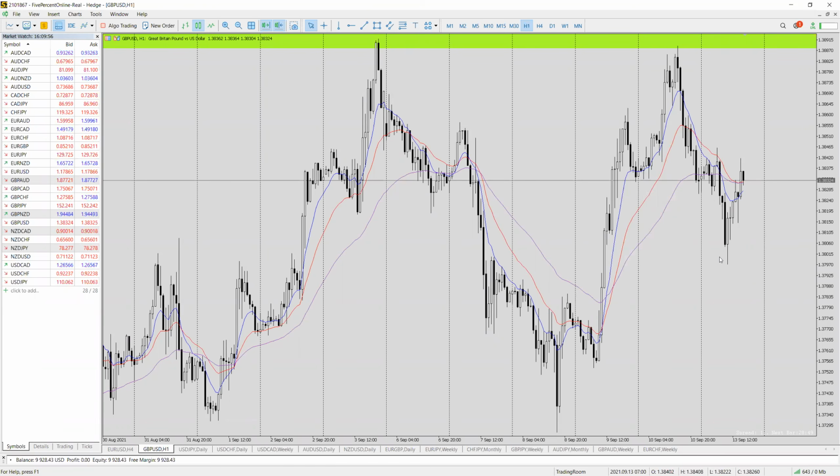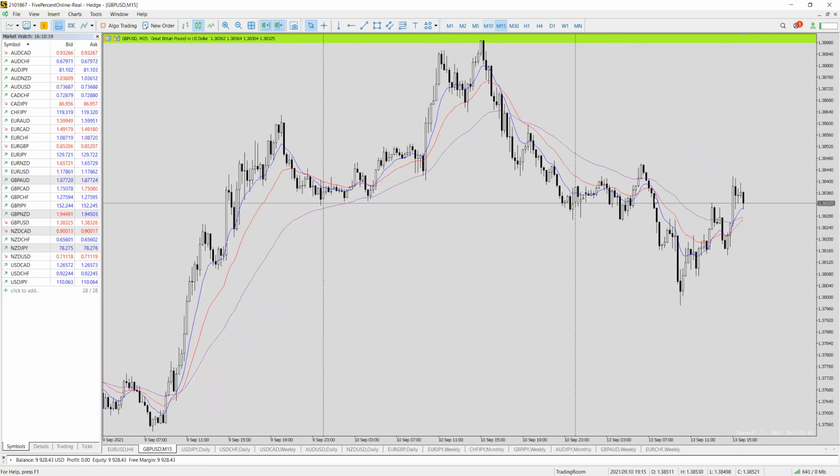For example, let's say here you see some sort of a demand zone and then price tested it with a pin bar, you can try to go long for a while. Or, for example, let's even go to shorter time frames for those of you who are looking for shorter time frame trades.